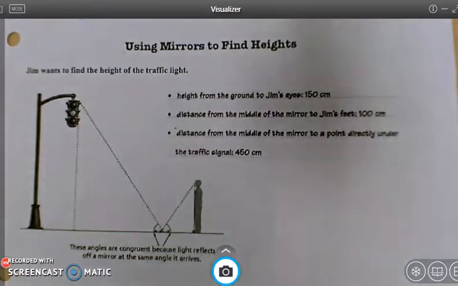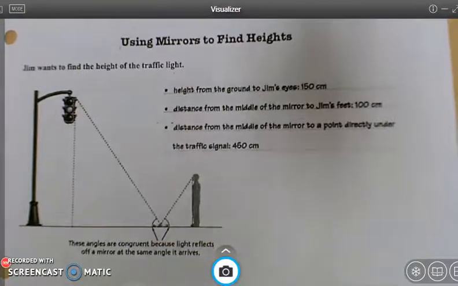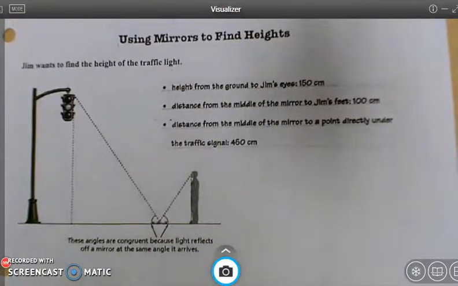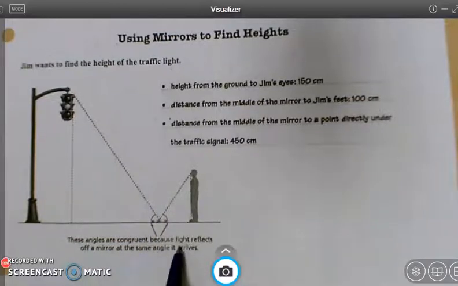Okay, our second situation of using similar triangles is also based off of a physics principle. This time we're going to use mirrors or some sort of reflection to indirectly find the height of something else that's super tall, and it's not really something that you can measure. So right here at the bottom is where it's talking to us. It says these angles are congruent because the light reflects.